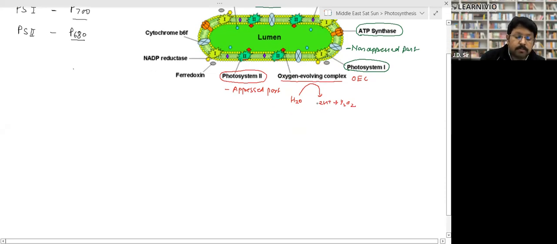Now, I want to tell you the composition of photosystem, a diagram of photosystem. What is the composition of photosystem? Composition. Look.